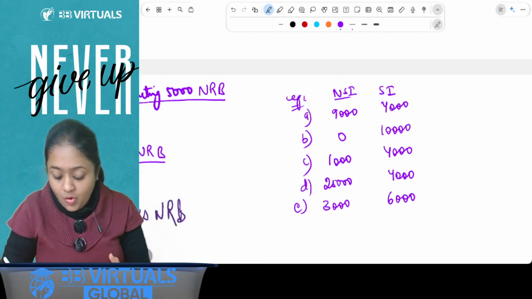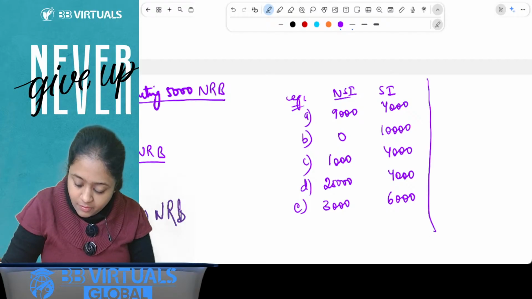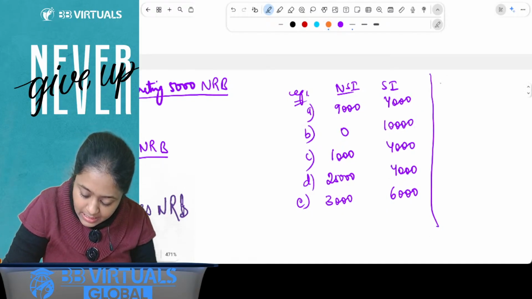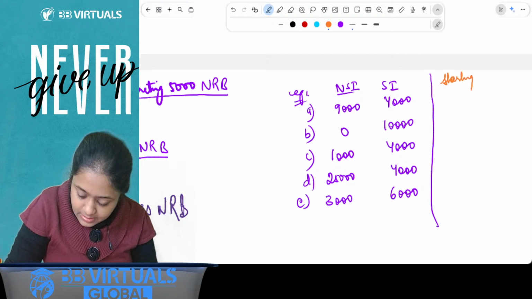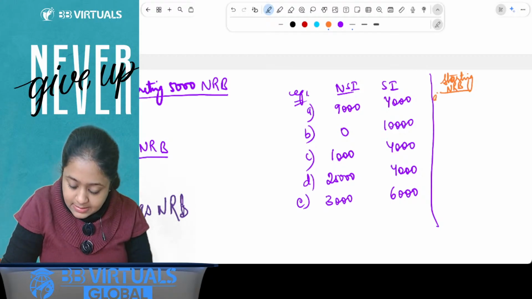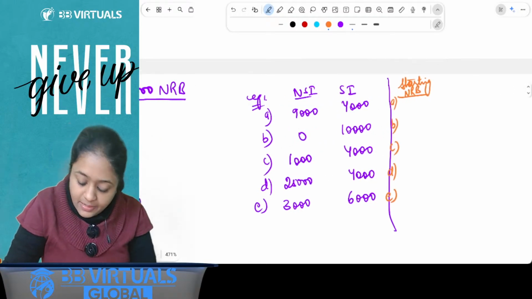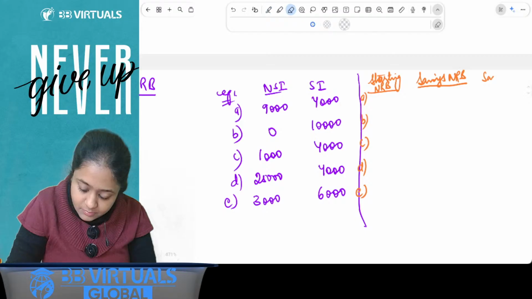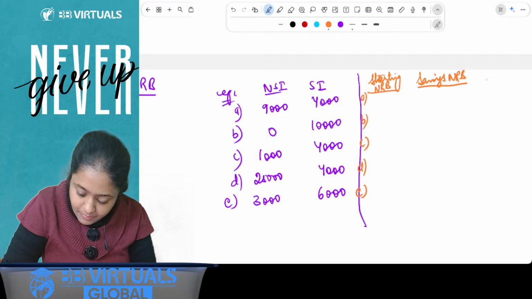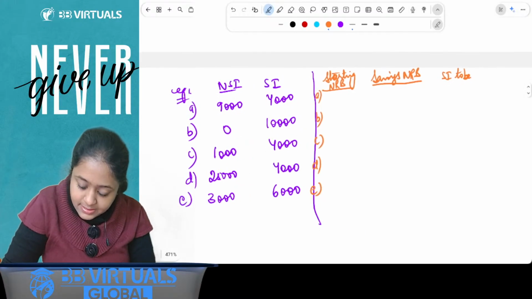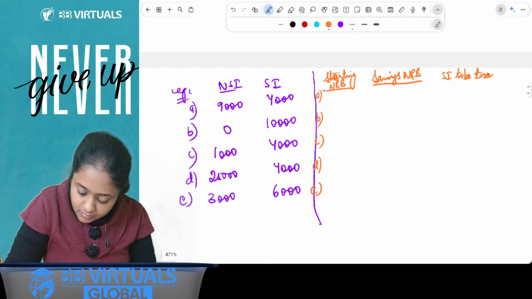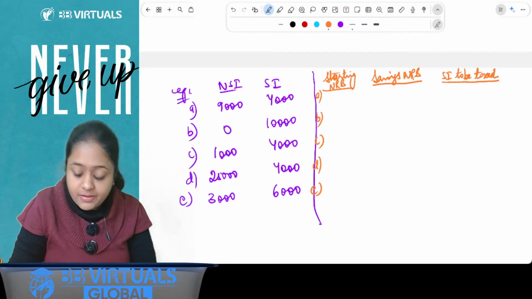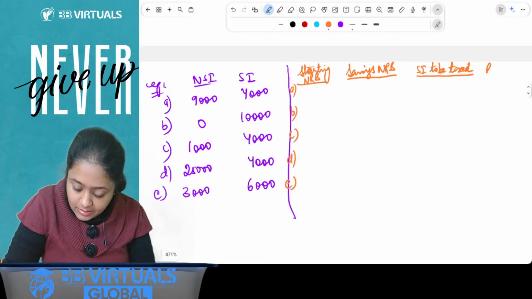So we just need to know your nil rate band. Here I will discuss what the starting nil rate band is in each case: case A, case B, case C, case D, case E. And after that I will discuss the savings income to be taxed and the rate of tax.